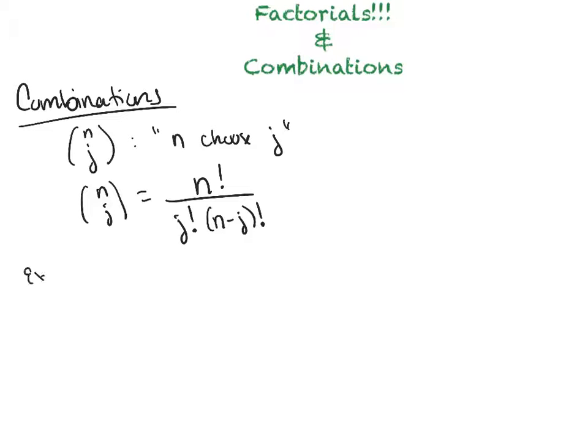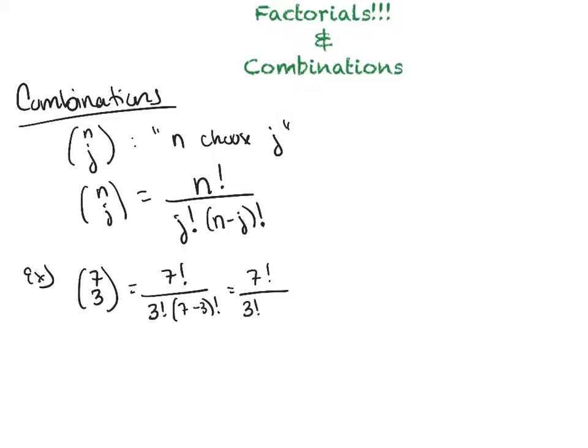So, for example, say you had 7 choose 3. So 7 choose 3 is 7 factorial divided by 3 factorial times 7 minus 3 factorial. Or 7 factorial divided by 3 factorial, let's see, 7 minus 3 is 4, times 4 factorial.